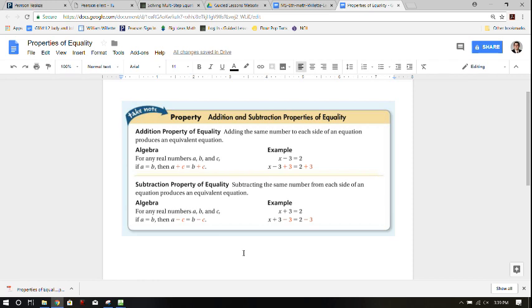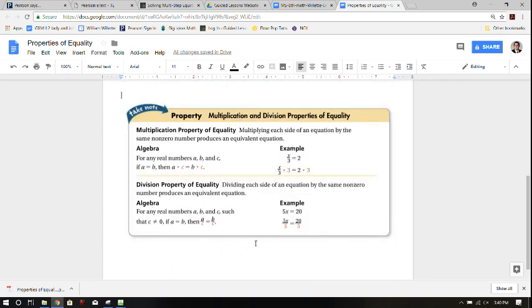If I add 3 to both sides, that still is balanced. The same is true for subtraction. If you have 3 numbers a, b, and c, and a equals b, then you can subtract c from both sides, and it's still true.